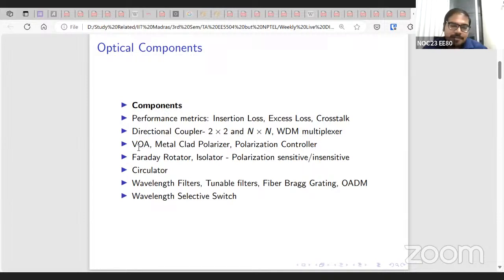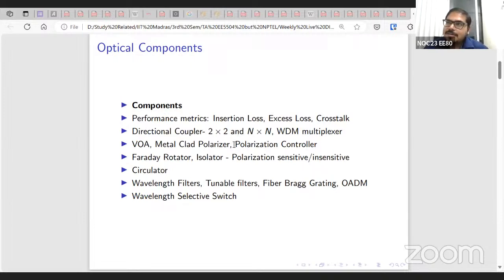Then we talked about variable optical attenuator, polarizer, and polarization controller. Basically, we discussed the constructions. Again, you will be encountering the polarization controller when you make a coherent receiver.